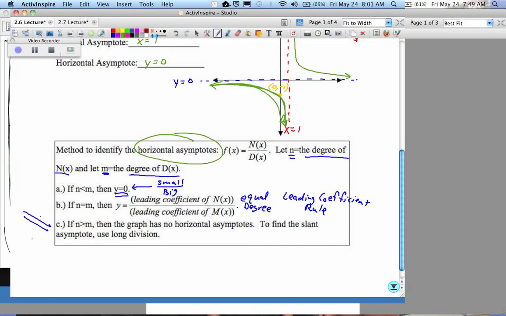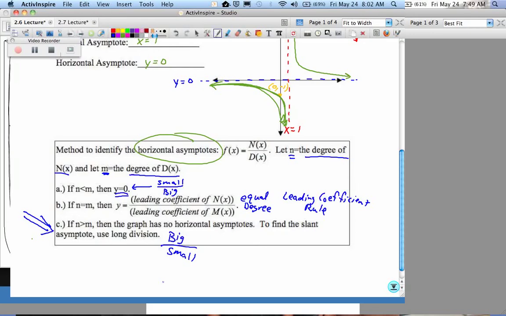And here's the one that I said when you decide to get in your groups, make sure somebody can do polynomial long division. If it's the big number on top and the small number on the bottom, so when you look at the degree, if it's big degree over small degree, what happens when the number on top of a fraction continues to get larger than the number on the bottom?